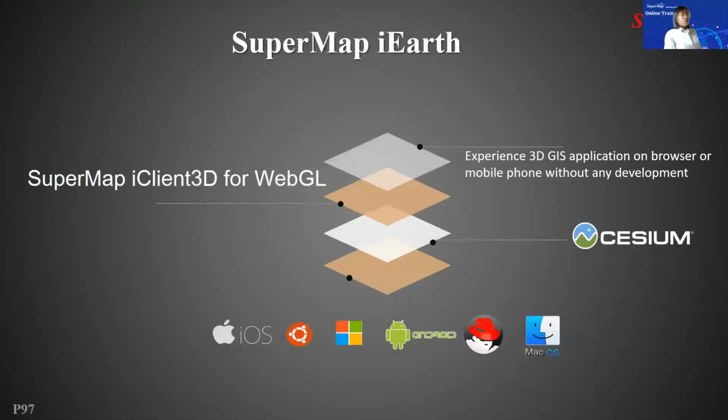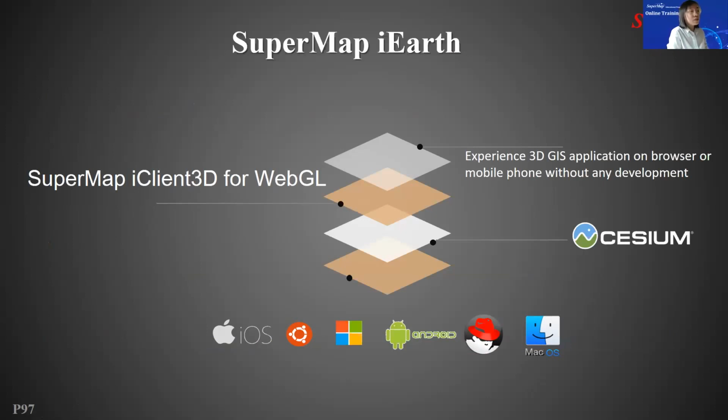And if you want a full-featured application, then we have the product called SuperMap iEarth. You can download it from the SuperMap GitHub, where you can find the SuperMap iEarth package for English.